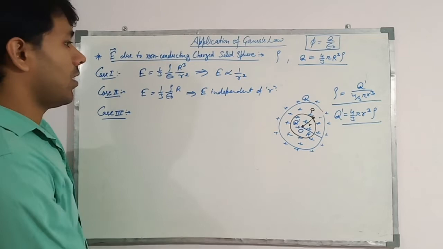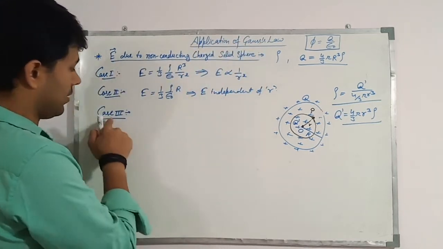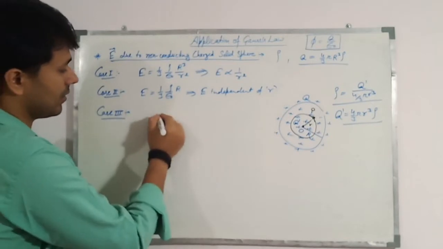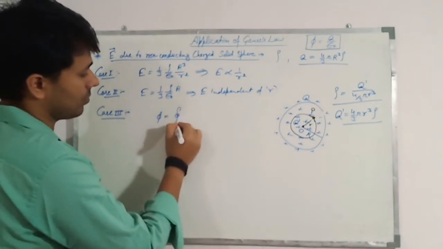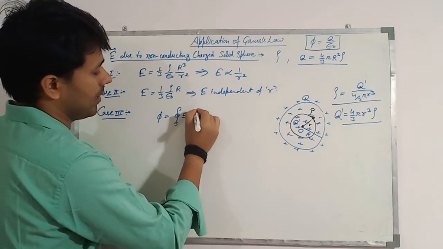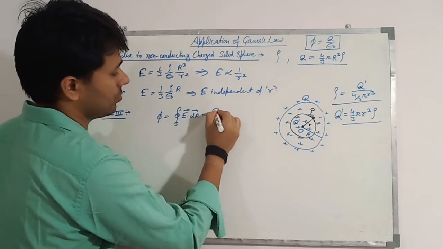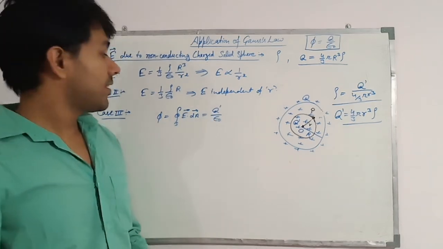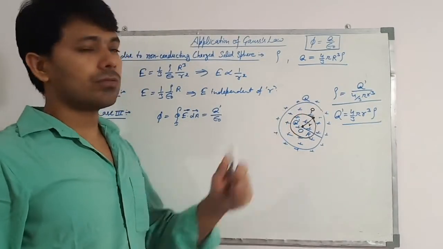Clear? Now, according to Gauss law, when point P lies inside, phi is equal to closed surface E dot dA is equal to Q dash upon epsilon naught. Why do we take Q dash? Why not Q?